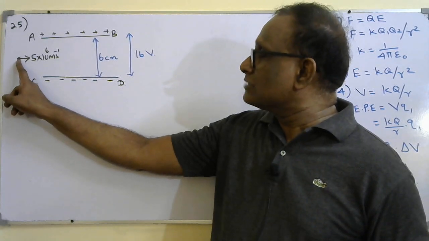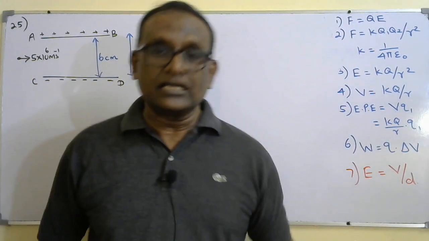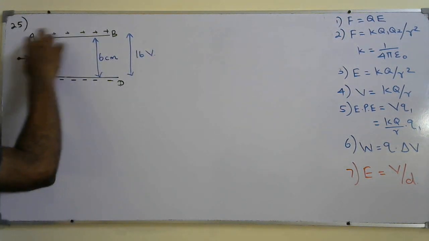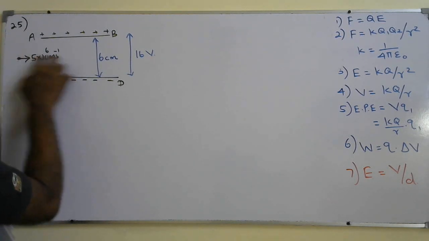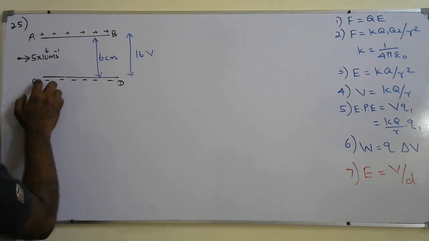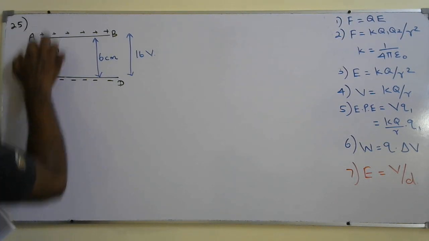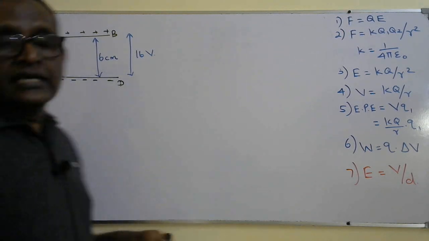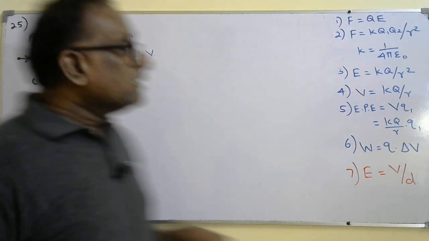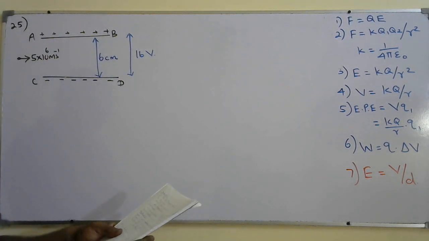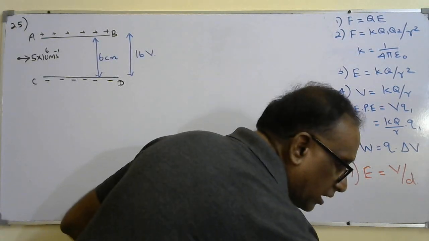An electron is moving parallel to the plates along the mid region of the parallel plates. That means the path of the electron is at a distance of 3 centimeters from the plate CD and 3 centimeters from the plate AB. And the question is, will the electron hit the plate? The length is also given, I forgot to draw it.